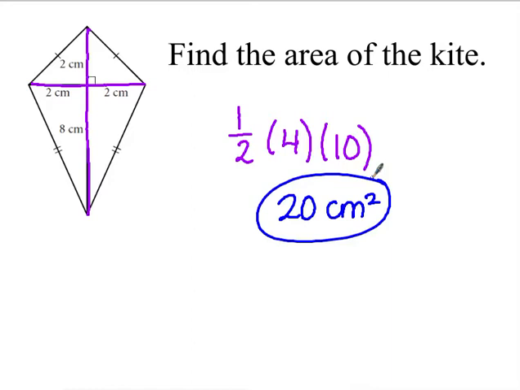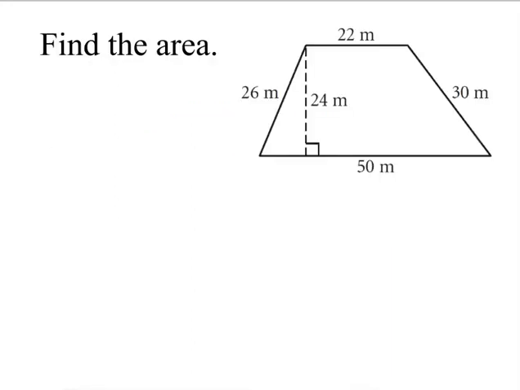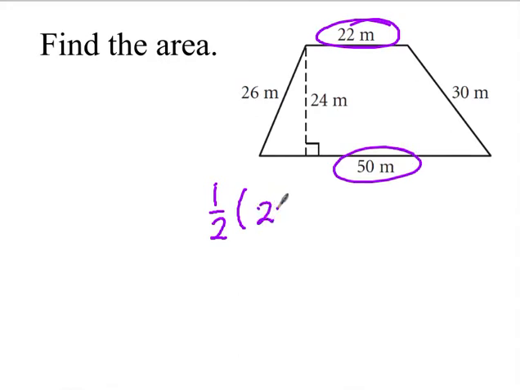Not too bad. Let's look at this one. Find the area. So this is a what? Trapezoid. So for a trapezoid I've got 1/2, and I'm going to add the two bases together. What are the two bases in this case? 22 and 50. What's the height? 24. So what do you do with the 26 and the 30? You leave them out. You don't do anything.